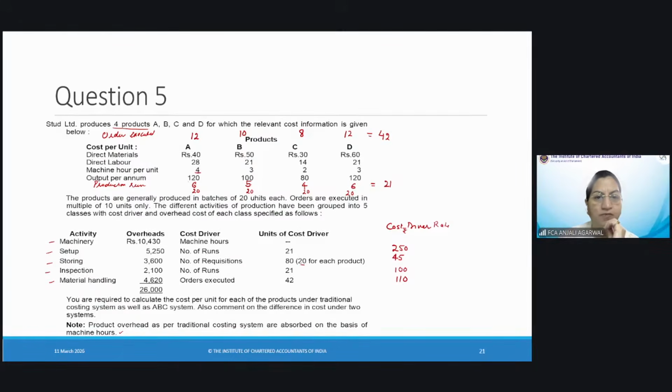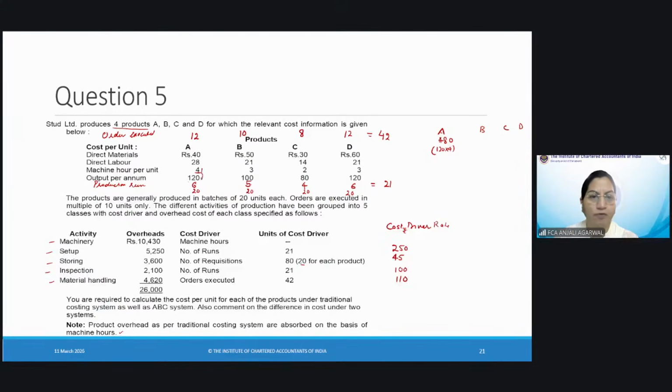So another piece of information we'll have to calculate here for A, B, C, and D. Machine hours are 120 into 4, 480. 4 hours per unit, 120 units.